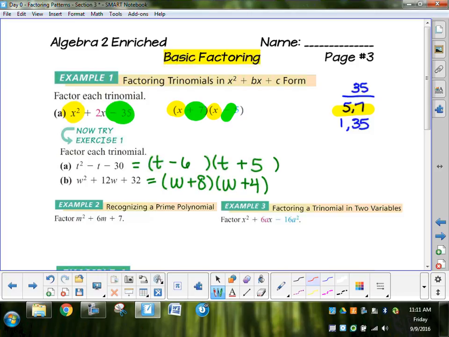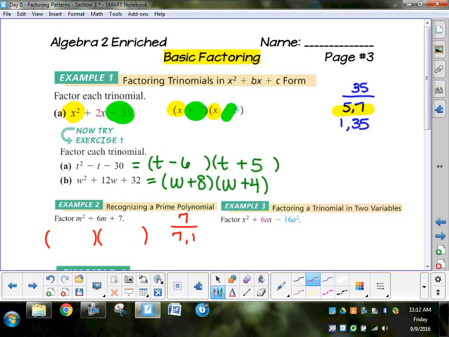Now, go through, please, and do out example 2 on your own. So looking at that, I listed out the factors of 7, which are 7 and 1.